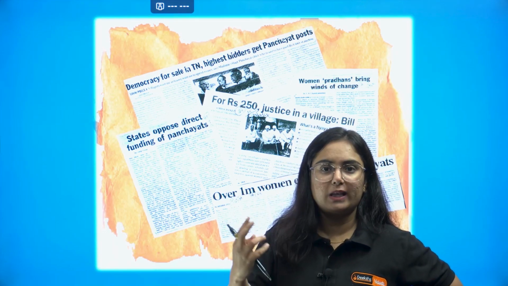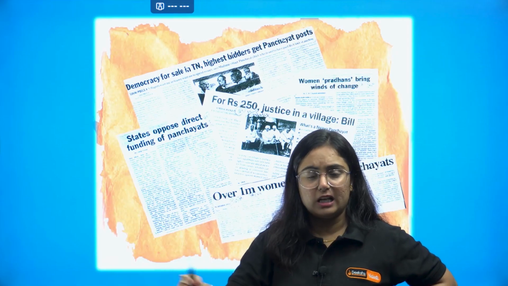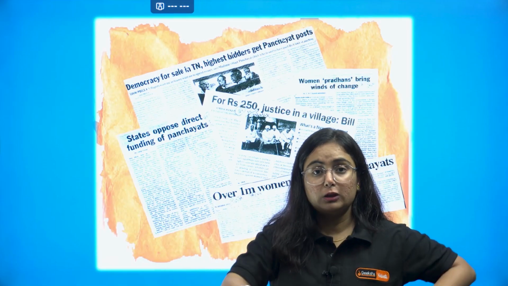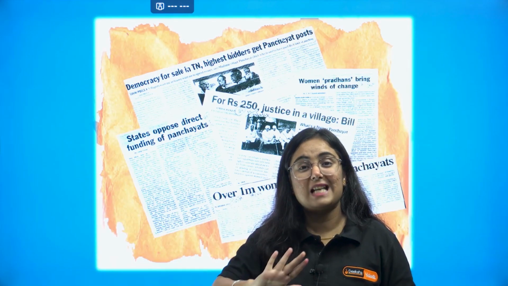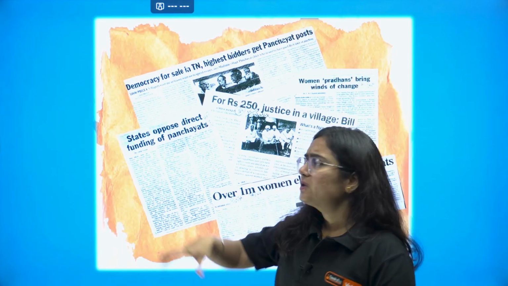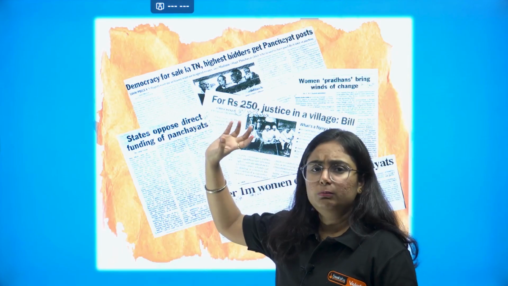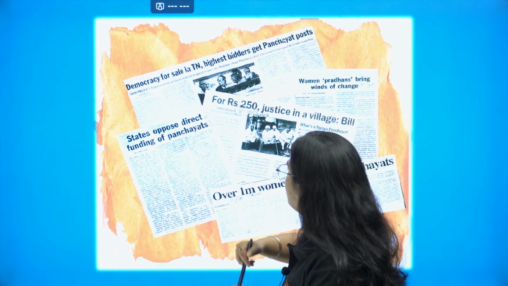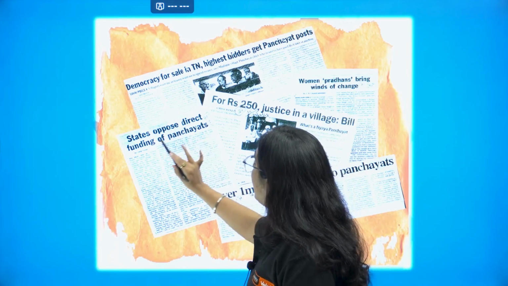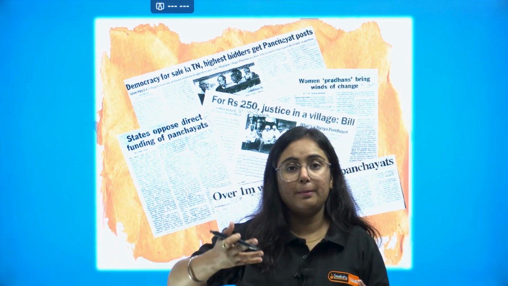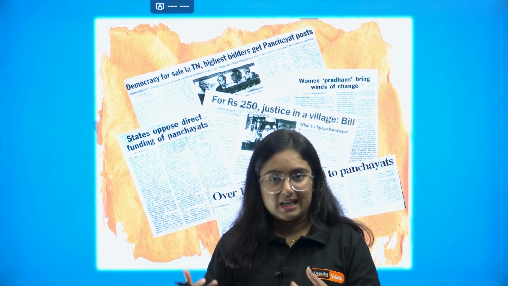Highest bid, because if you want to stand in an election now, you will get a ticket. So the people who have so much money started buying those tickets. So we have seen certain non-transparency in democracy also. States oppose direct funding of panchayats.